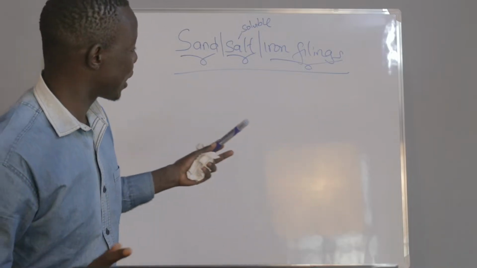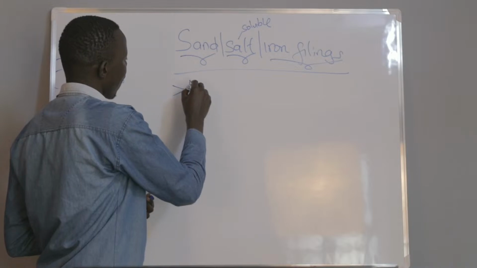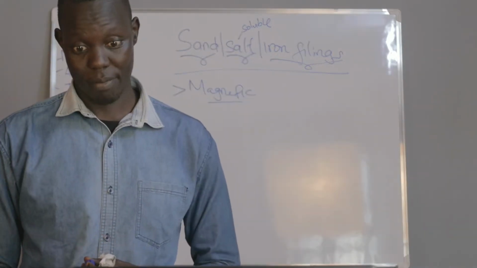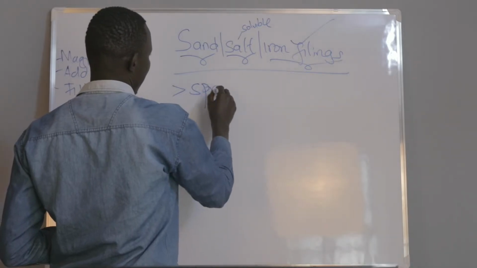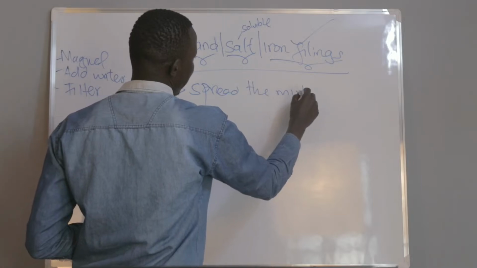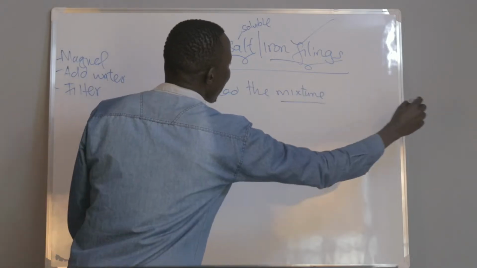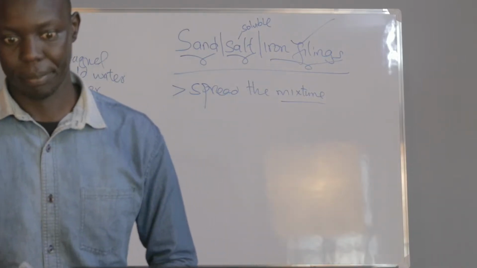When you have such, the first one to be removed is the one that is magnetic. Spread the mixture on a flat surface, then pass a magnet over it.